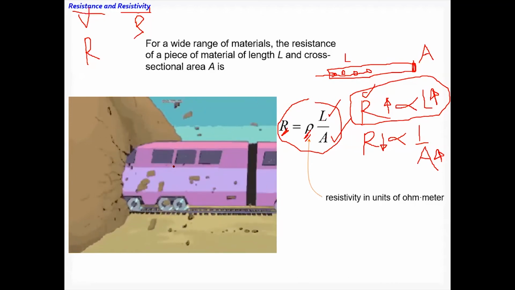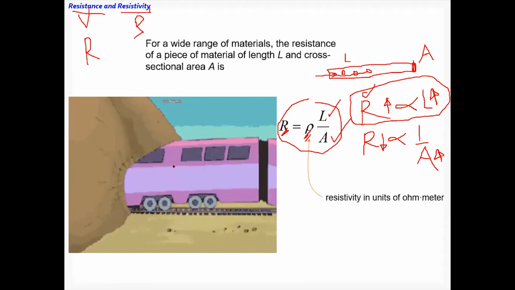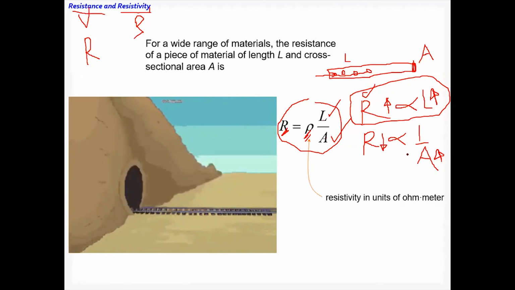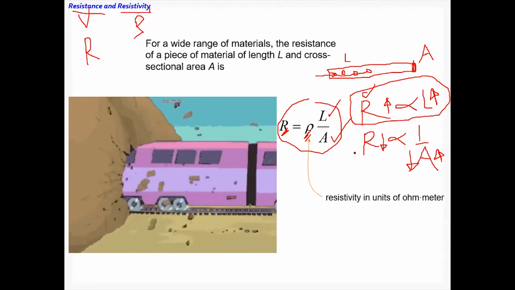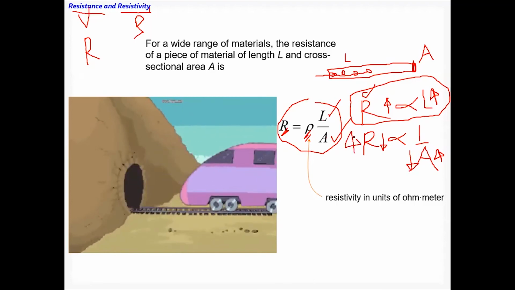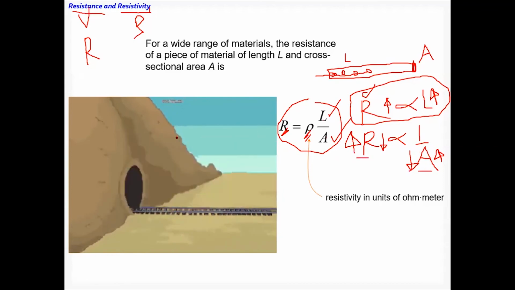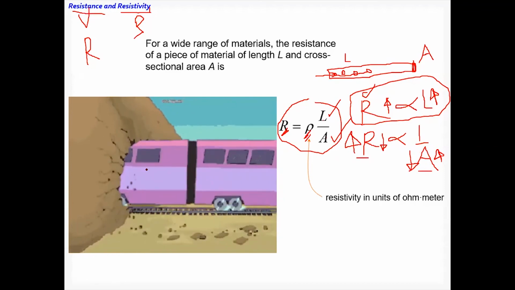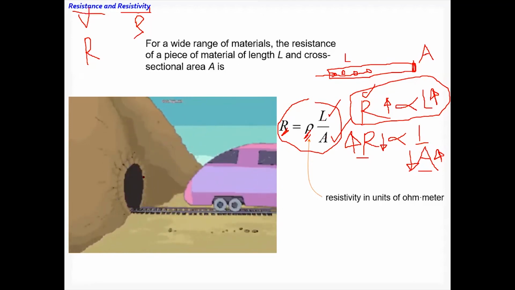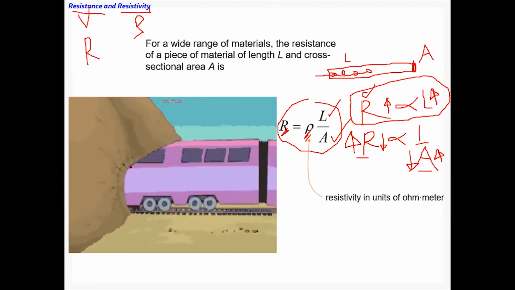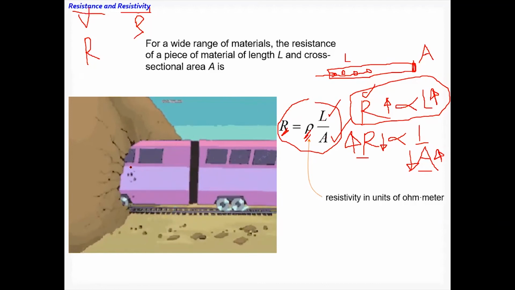In the first trial, the hole is small, meaning there is more resistance, because when the area is small, you have more resistance. That's why in the first try, it cannot go through.